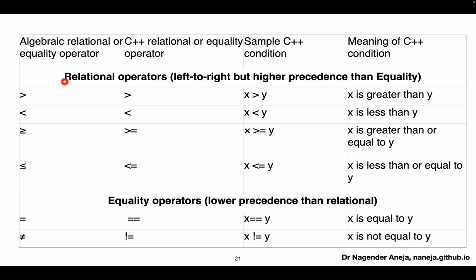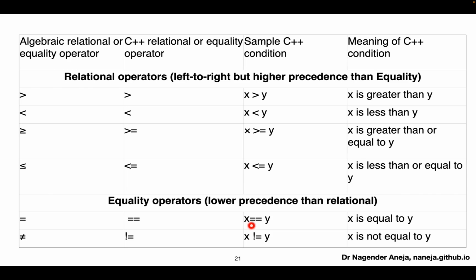Then we have the relational operators as well as the equality operators. Relational operators tell us the relation, whether a value is greater than, greater than or equal to, or less than or equal to. Similarly, we have the equality operators that tell whether values are equal or not equal. Since a single equals sign has been used as the assignment operator in programming languages, we use double equals to represent the equality operator.